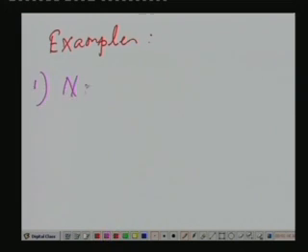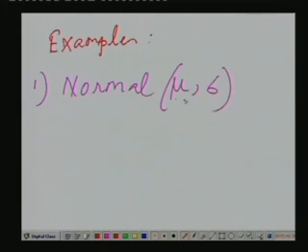Number 1, normal. We call it mu, sorry, this is also Gaussian. Sometimes it is called normal, sometimes it is Gaussian. Its formula is px.